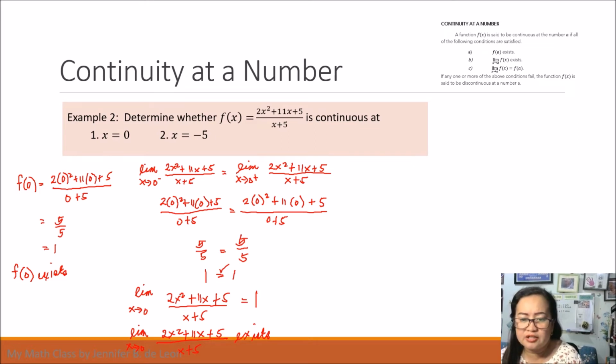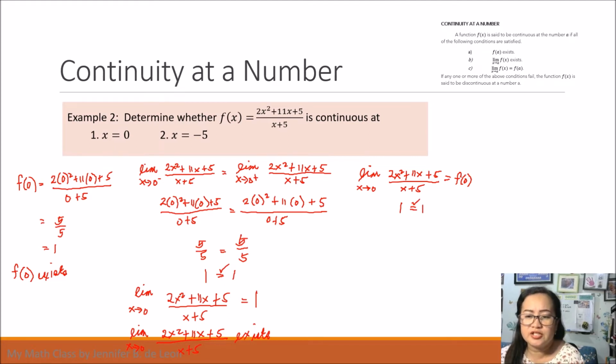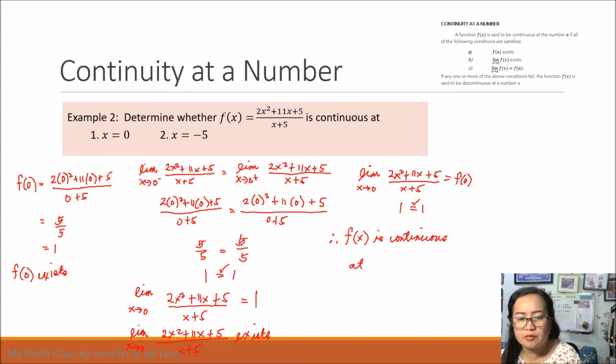We show that the limit of 2x squared plus 11x plus 5 all over x plus 5 as x approaches 0 is equal to f of 0. Okay, let's take a look. This is equal to 1 and f of 0 is equal to 1 also. They are equal. Hence, we can conclude that f of x is continuous at x equals 0.